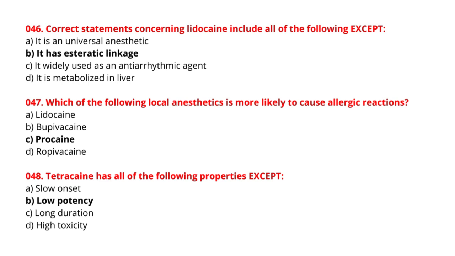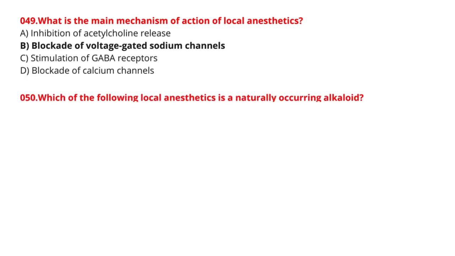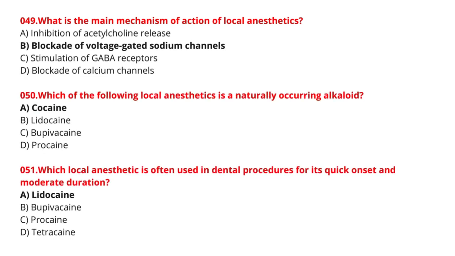B. Low potency. C. Long duration. D. High toxicity. Answer is B. 049. What is the main mechanism of action of local anesthetics? A. Inhibition of acetylcholine release. B. Blockade of voltage-gated sodium channels. C. Stimulation of GABA receptors. D. Blockade of calcium channels.